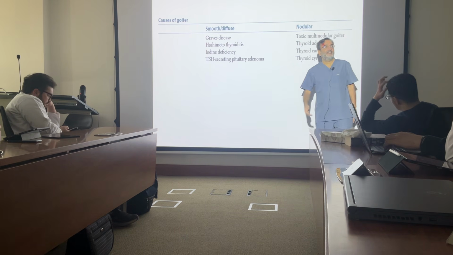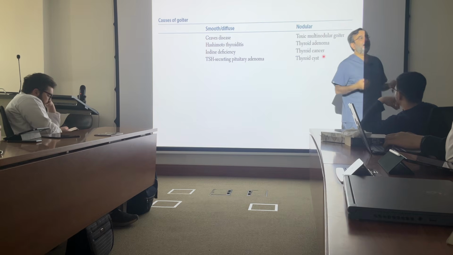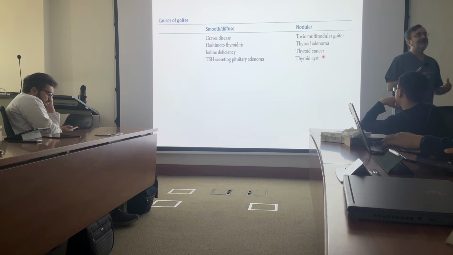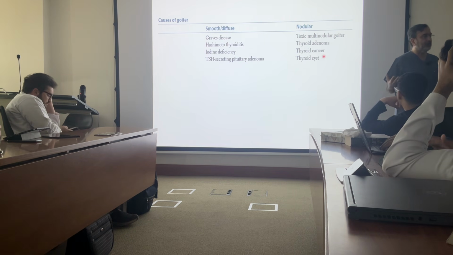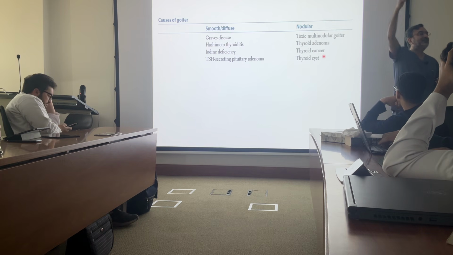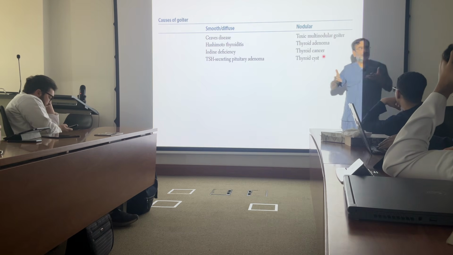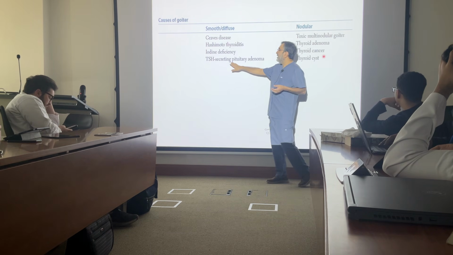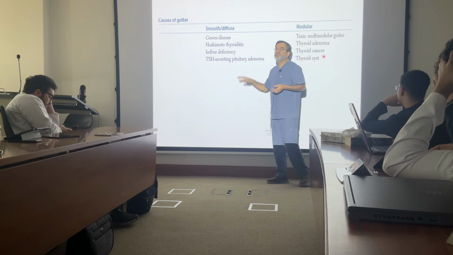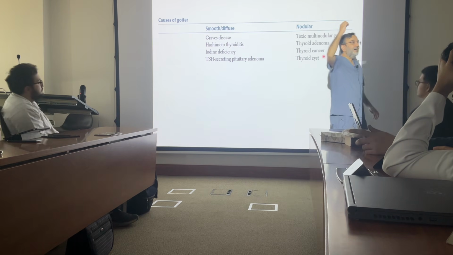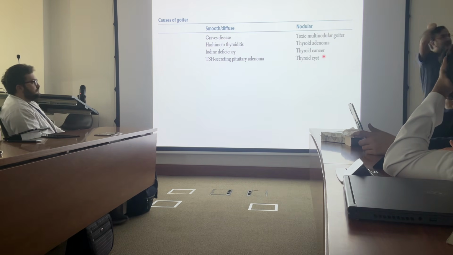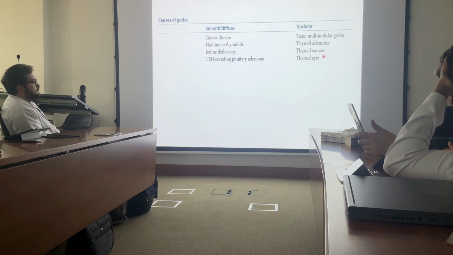Iodine deficiency: you have less iodine in the diet, and as a result you are not able to produce enough thyroid hormones, so there is hypothyroidism, TSH is high, and TSH is causing the enlargement of your thyroid gland. TSH secreting pituitary adenoma: you have a tumor in the thyrotropes of the pituitary gland producing too much TSH, and that causes the enlargement of the thyroid gland.